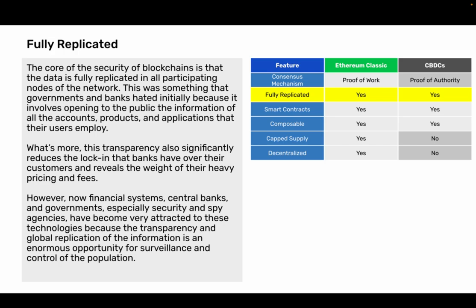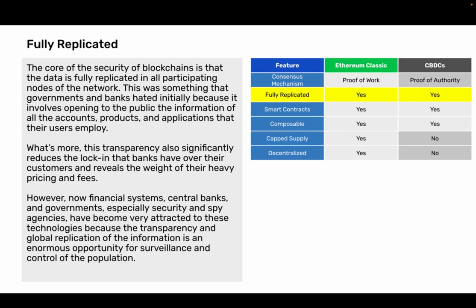Fully replicated. The core of the security of blockchains is that the data is fully replicated in all participating nodes of the network. This was something that governments and banks hated initially because it involves opening to the public the information of all the accounts, products, and applications that their users employ.